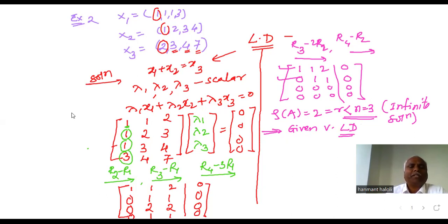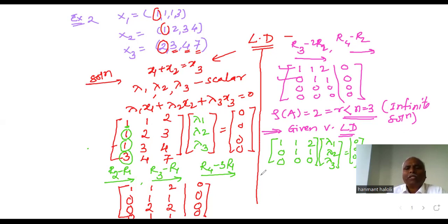Now, write this matrix system in the shortest way: 1, 1, 2, 0, 1, 1, 0, 0, 0. You take only 3 rows; all remaining are 0. Now here you take lambda 1, lambda 2, lambda 3 equal to 0, 0, 0. As we got the system with infinite solutions, let us assume that lambda 3 equal to t.